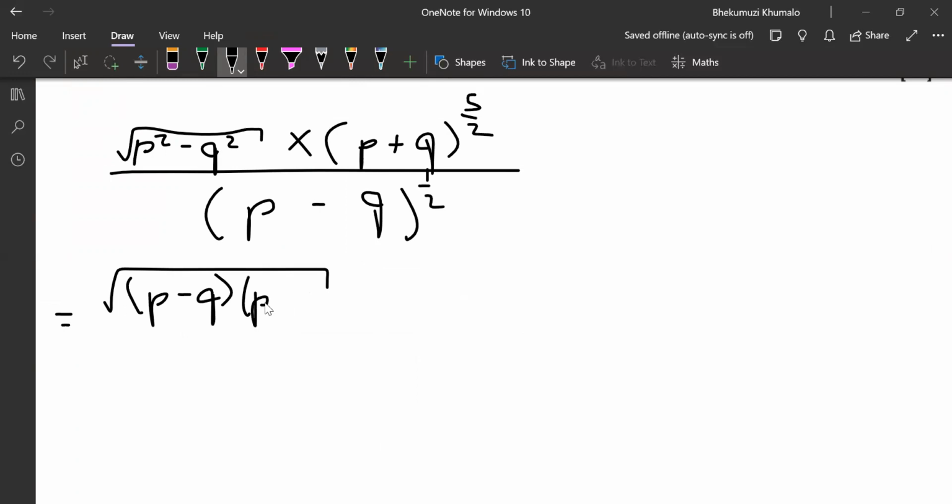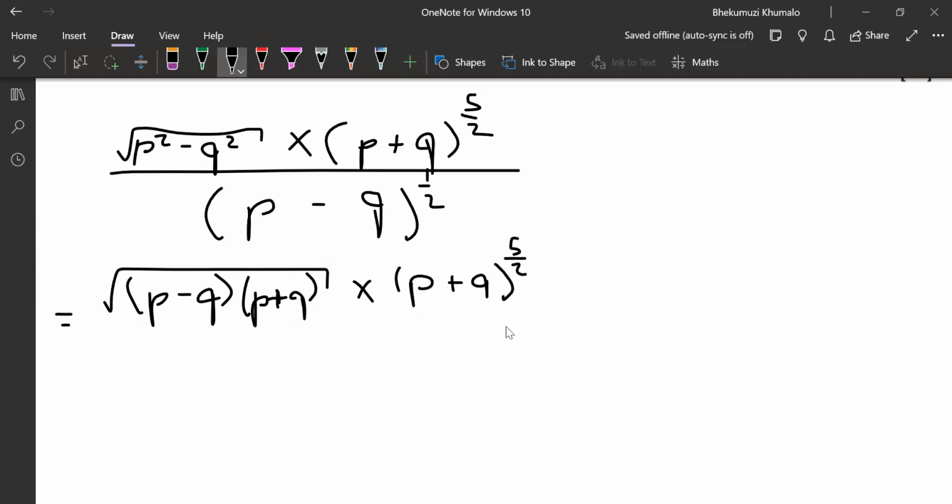We know that this is a difference of two squares. So we have p minus q and p plus q, right? Difference of two squares. That has to multiply p plus q to the power 5 over 2.